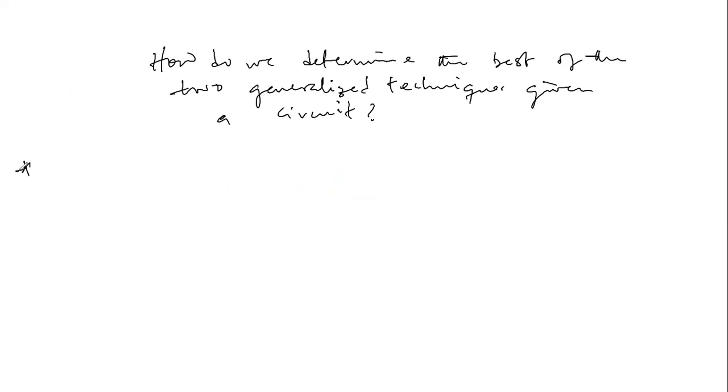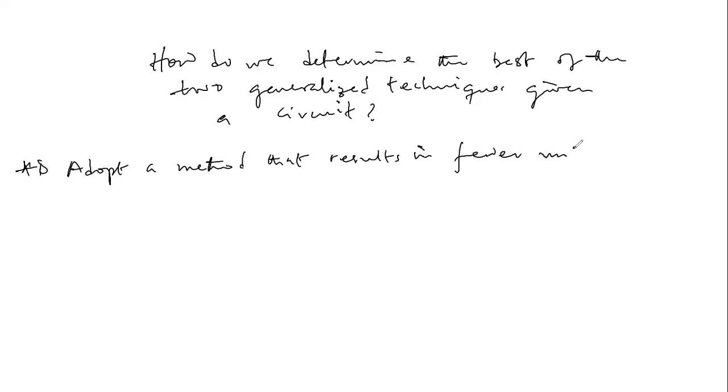So you want to look into the method that results in fewer unknowns. Okay? So the first thing to do is to adopt a method that results in fewer unknowns. And then also use the circuit structure to decide.